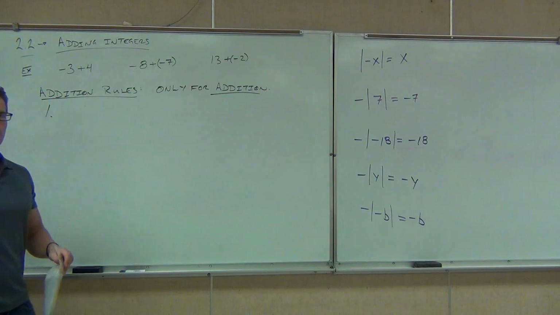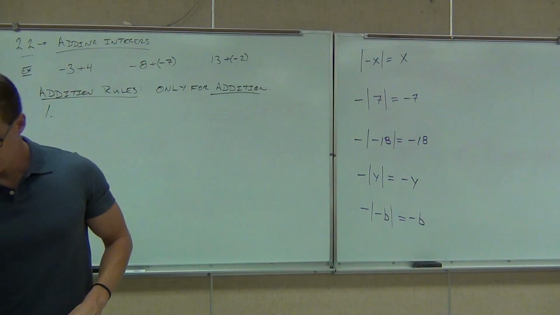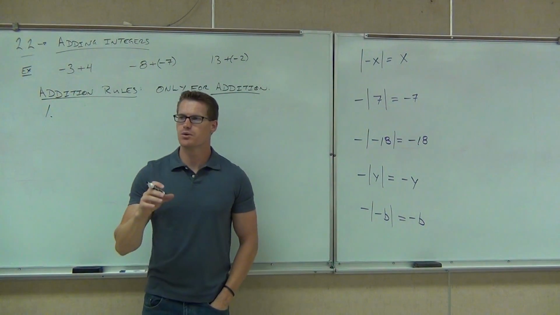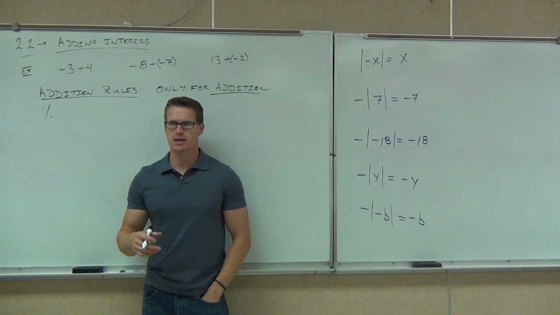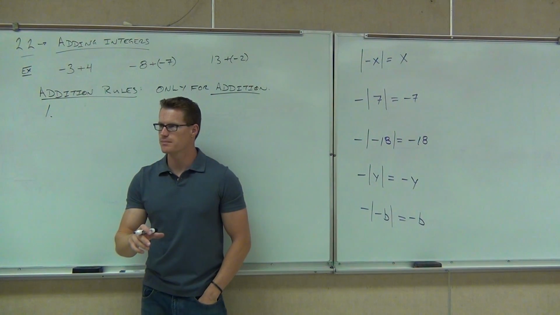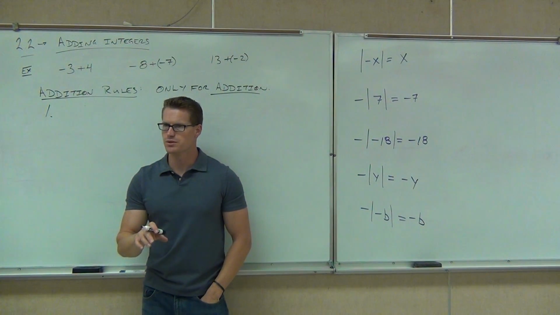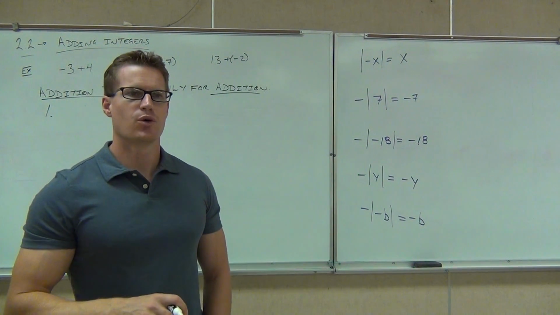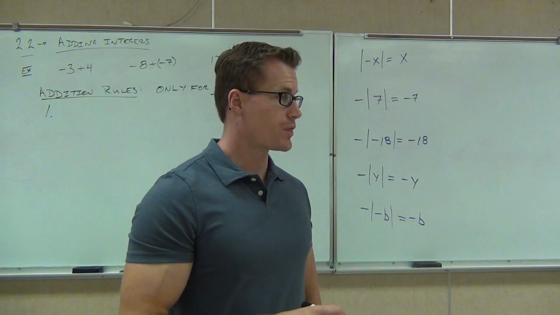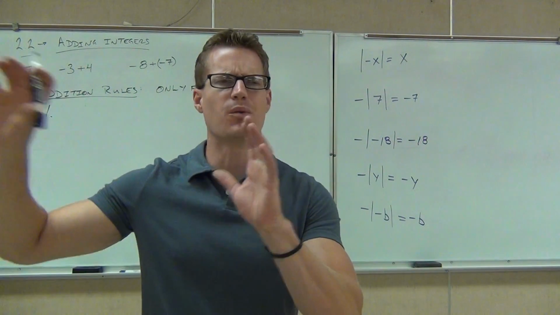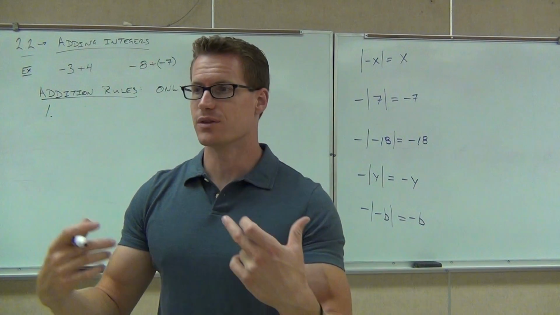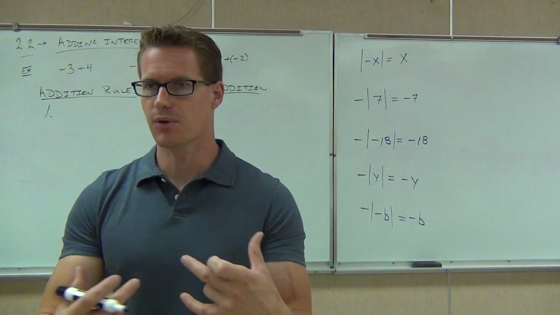2 rules. Rule number 1, what you're going to do is you are going to look at the signs of your numbers. We spent some time talking about negatives, positives, and minuses, right? You're going to look at the signs of your numbers. If you are adding 2 numbers with the same sign, what that means is they're either both positive, no problem, or both negative.